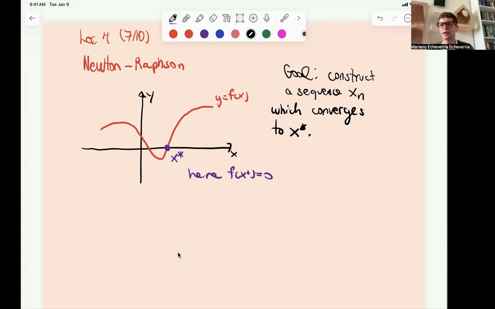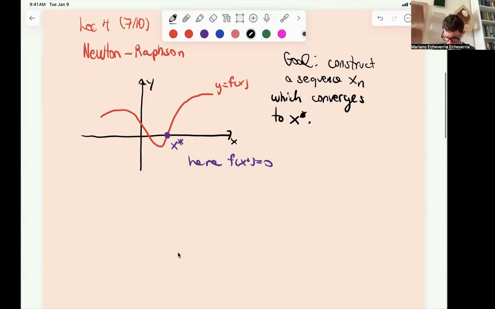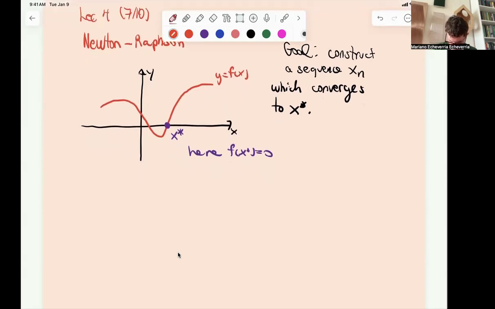And so the sequence will be made in the way I was explaining a couple of minutes ago on the animation, but there are two assumptions that we're going to make to get this started. The first one is that we already know that the function has a zero.